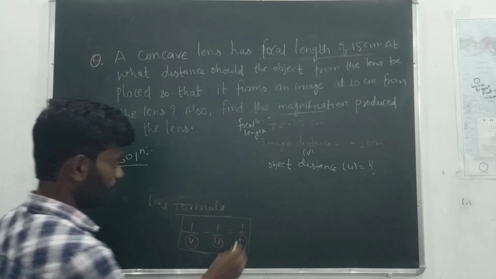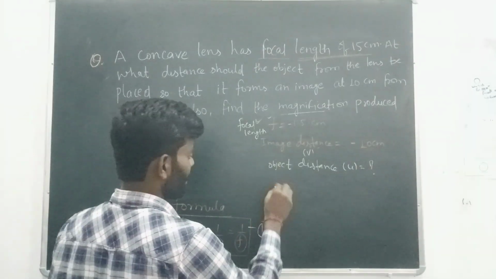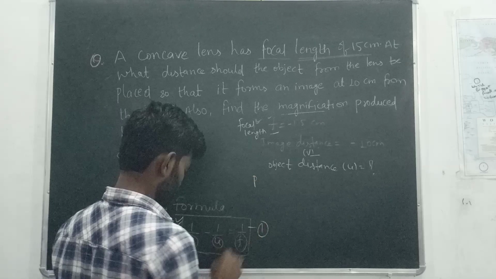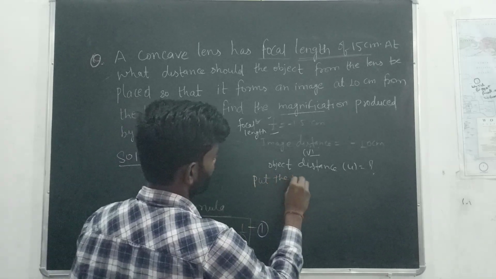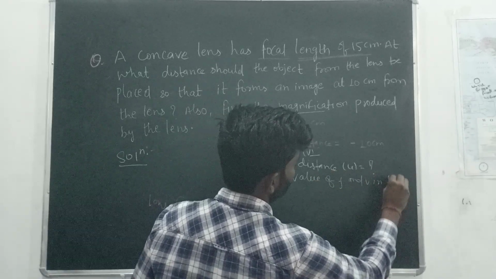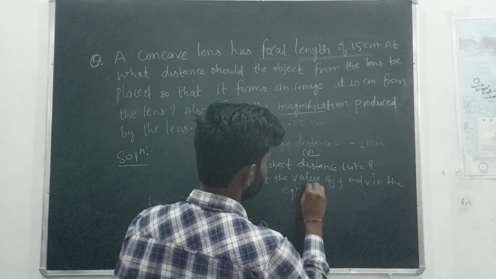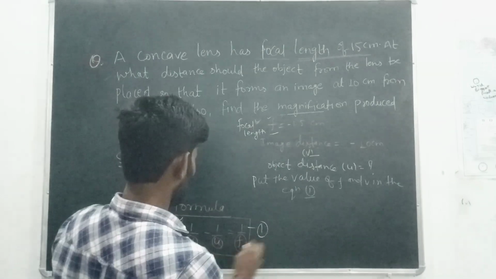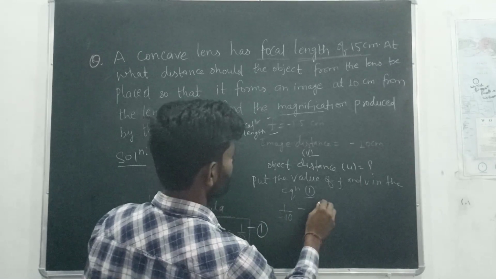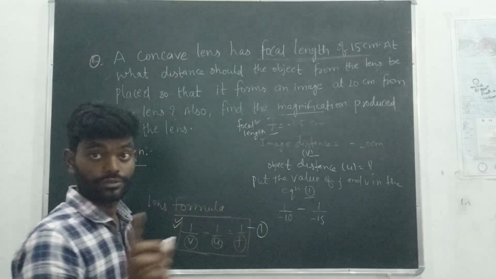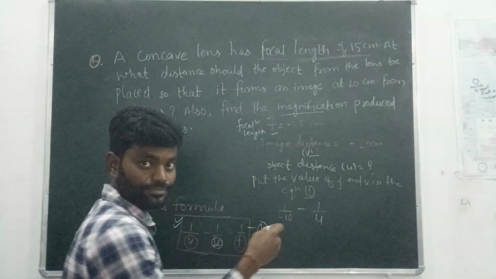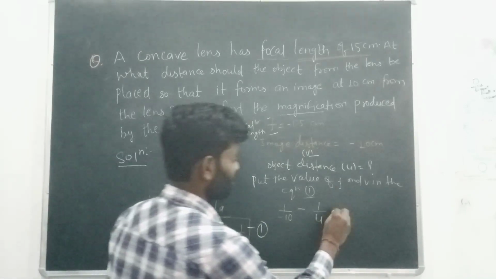Now let's move to the solution. Put the values of f and v into equation number 1. We cannot take the value of u directly, because this is the term we need to find.